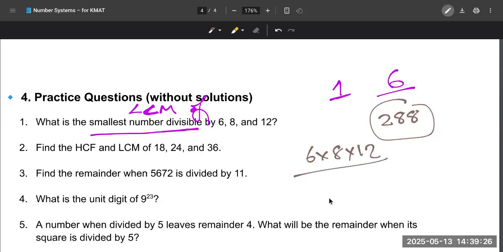What is the HCF, the highest common factor here? 2.